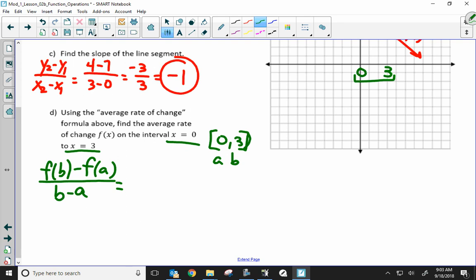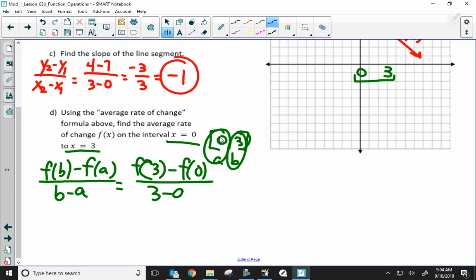So let's plug these in. b is 3. So f of 3, minus f of a, 0, all over b minus a. All right? Well, what's my function again? My function is (x minus 2) squared plus 3.